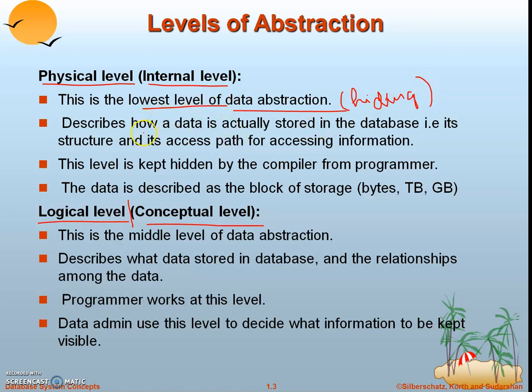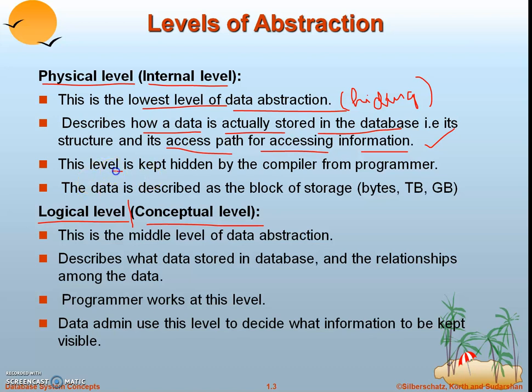Here it describes how the data is actually stored in the database. The complete structure can be analyzed in the physical level, or the internal level. The structure as well as the access path for accessing the information is completely exposed at the physical level.